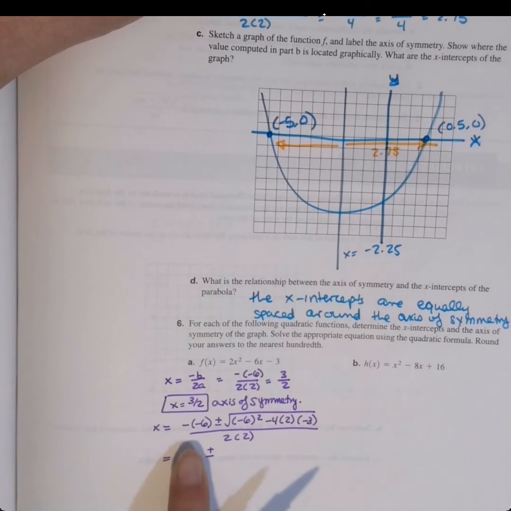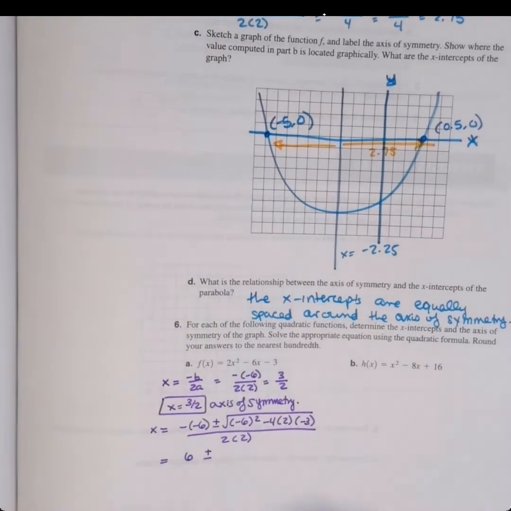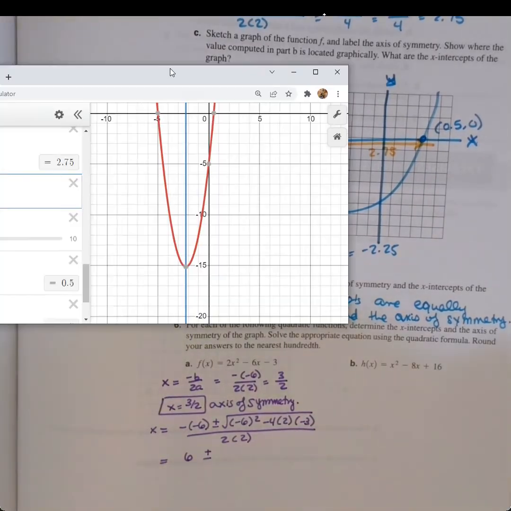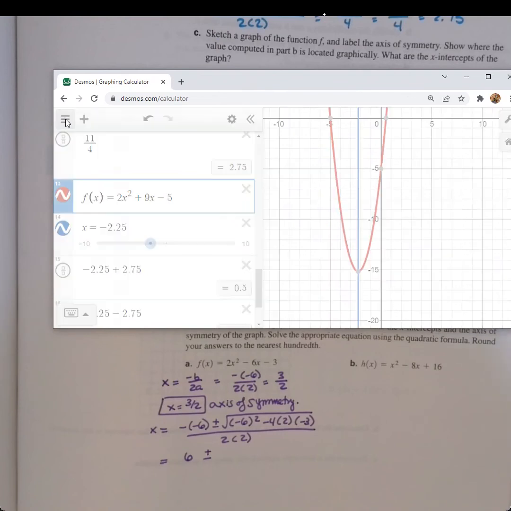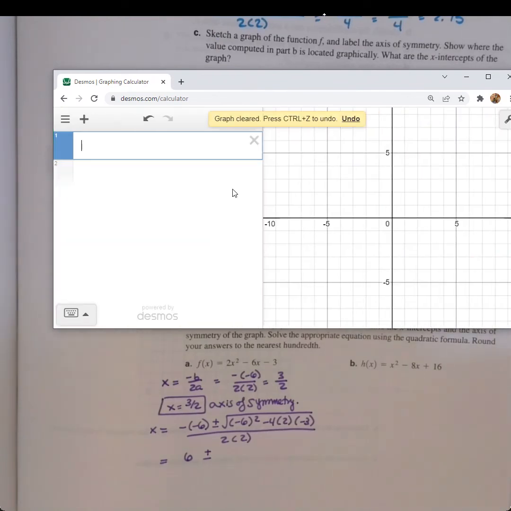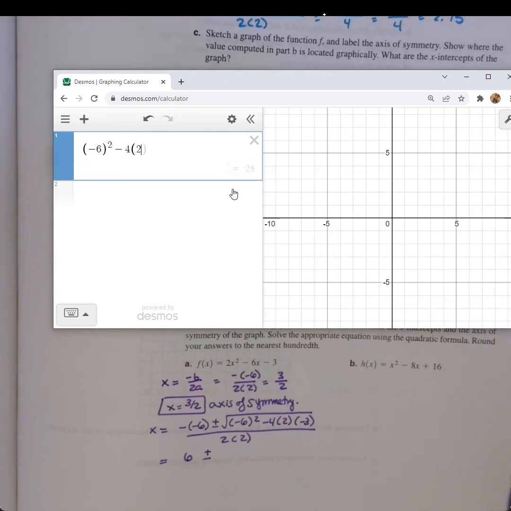So negative 6 makes 6, plus or minus. We'll do just the inside of the radical first. Let's see what the inside simplifies to. Negative 6 squared minus 4 times 2 times negative 3 is 60.